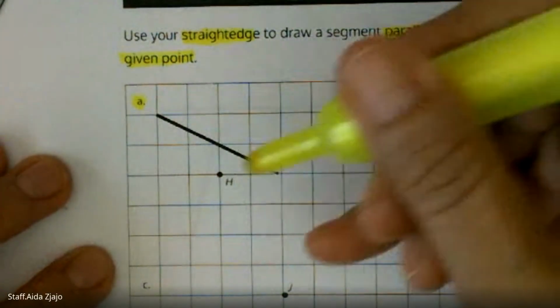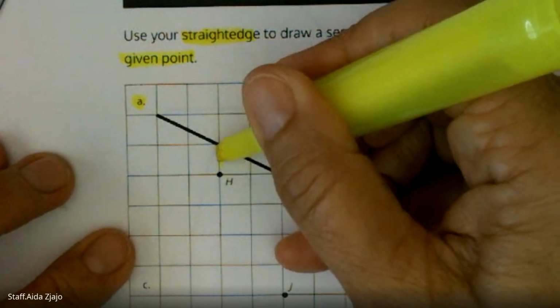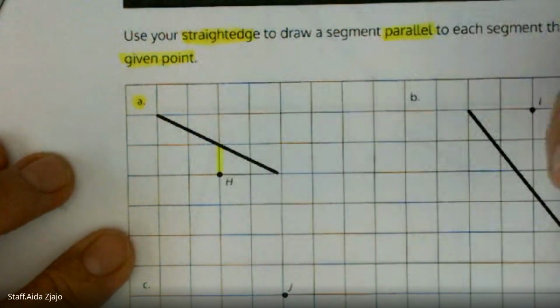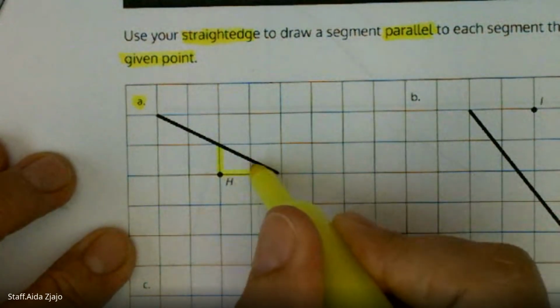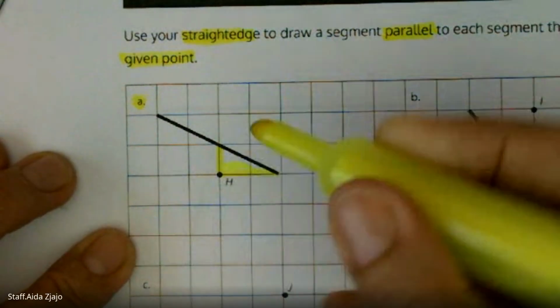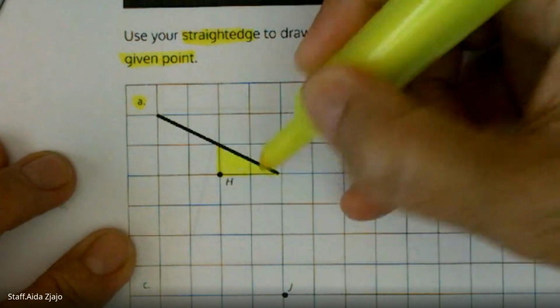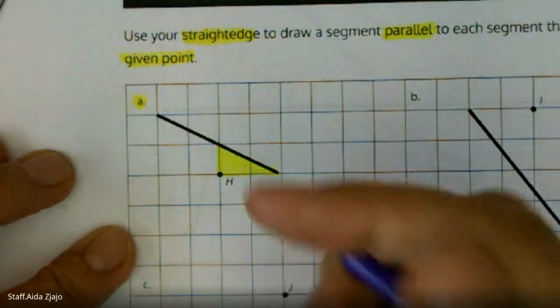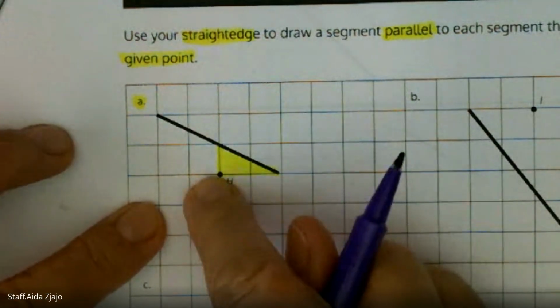So if I look at this, it looks like the height is 1, and then the base looks like 1, 2. So I found one of my triangles. So that's 1 by 2, or 2 by 1. The base is 2, the height is 1.